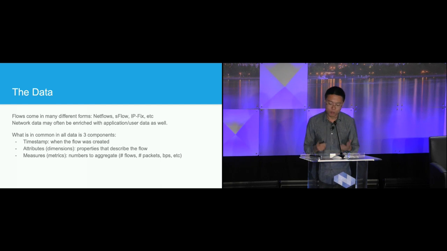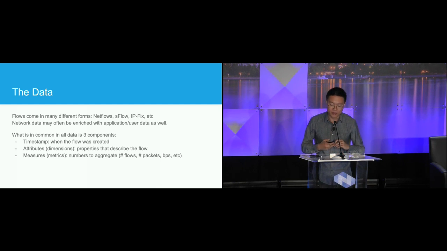What's pretty common with network flow data that I've seen is there are really three types of components to this data. One, there's a timestamp, and this timestamp indicates when the flow was created, when some event occurred. Then there's a set of attributes or dimensions. These are properties that describe the flow, things like your source address, source port, destination address, destination port, and so on. Attributes or dimensions are things that you would group on as you do your analysis.